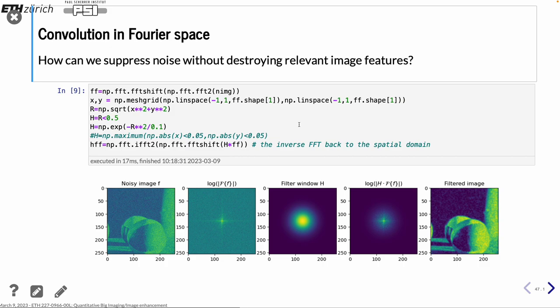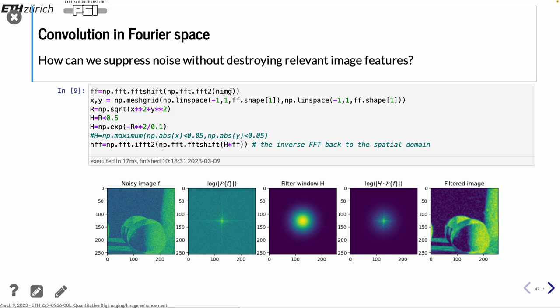A strong low-pass filter in real space has a very wide kernel, but in Fourier space it has a very narrow kernel, because it more or less only affects the low frequencies. So the width is reversed when you apply it in the Fourier space. With that, we again get some blurring effect, not so grainy as before. So that would be one way.